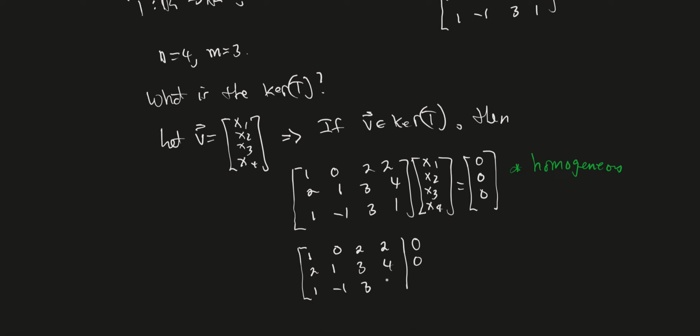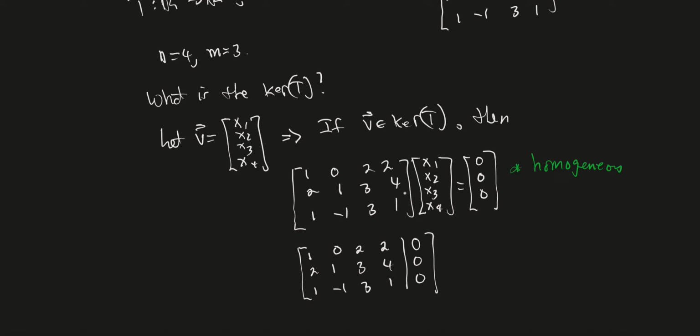Now, if you think about this, we know for a fact that homogeneous systems are always consistent. In fact, we already know one solution. If I start with the 0 vector in R4, 0, 0, 0, 0, then I will get the 0 vector in R3 after doing my matrix multiplication.